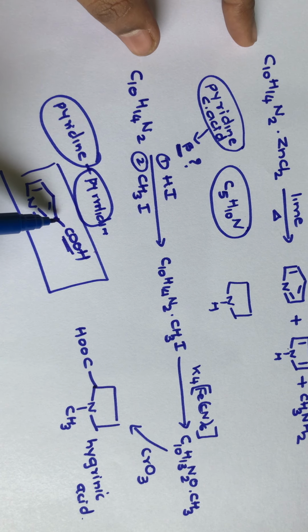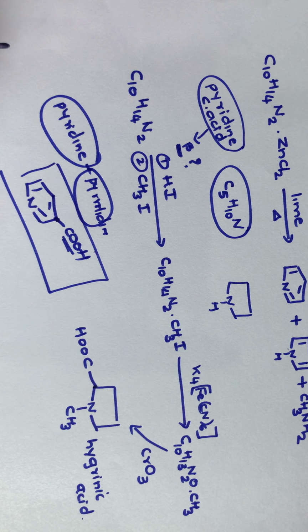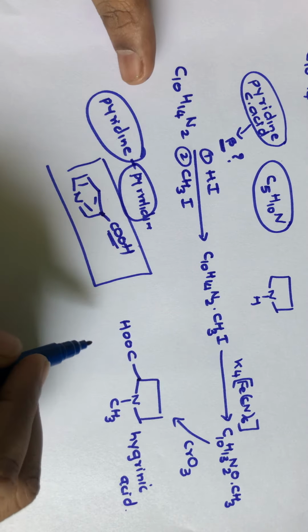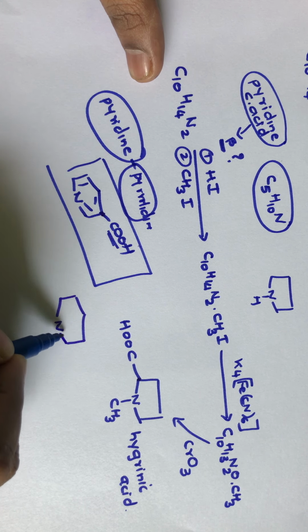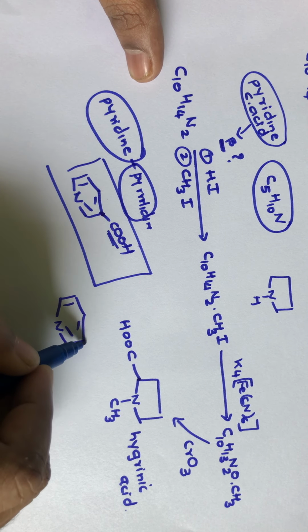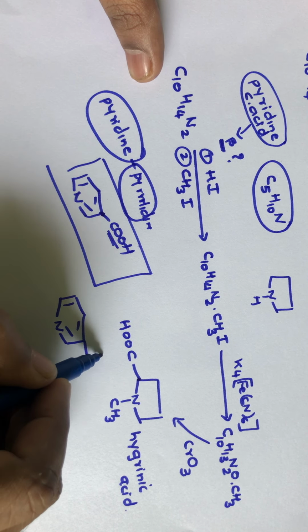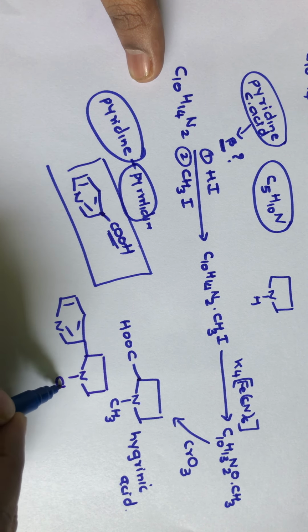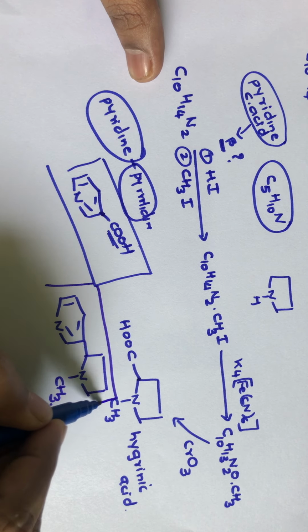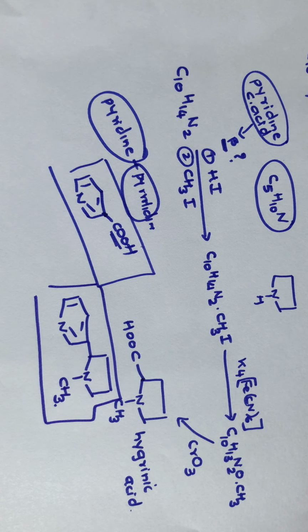That means both should be connected like this. That is, the third carbon of pyridine should be connected to the second carbon of N-methyl pyrrolidine. Hence the structure of nicotine was given like this. This was the structure of nicotine.